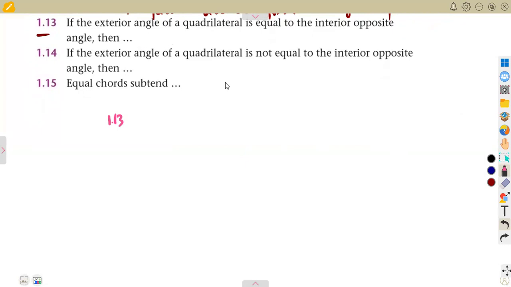The exterior angle of a quadrilateral, you just have a quadrilateral like this. Then there is an exterior angle on that quadrilateral. They are saying that, as an assumption, if you see an exterior angle like this one, and this exterior angle is equal to the interior opposite angle.